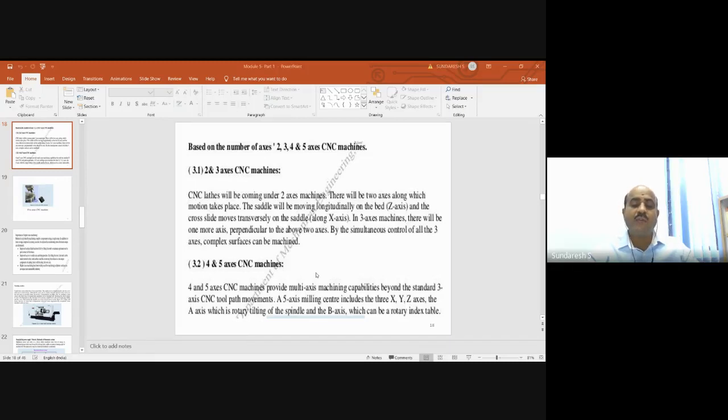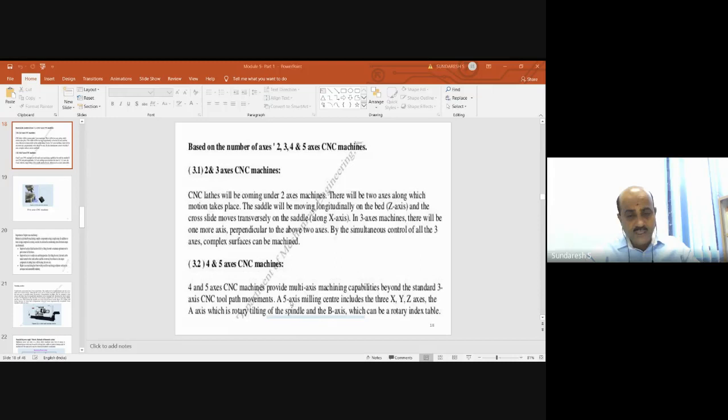We have the 3 X, Y, Z axes, and the remaining ones rotate along the direction A, and the other rotates in the B axis. So generally in higher axis machines, apart from 3 rectilinear motions, you can also have 2 rotary motions.